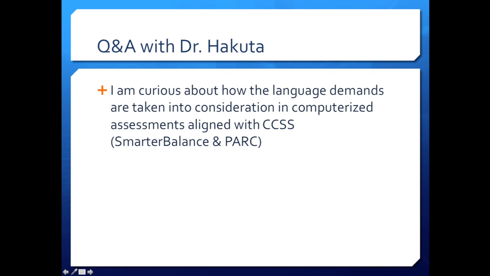It was easier when all you had to do was worry about complex verbs or something. But when it comes to real content-related words or words that support engagement of content, you really need to assess that, even though it's a language construct.